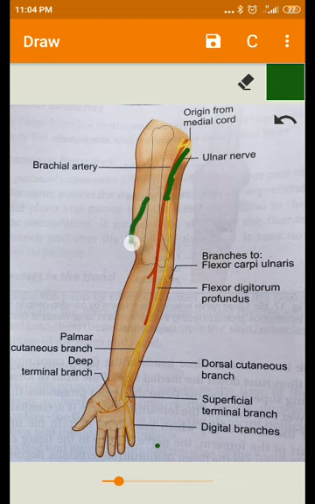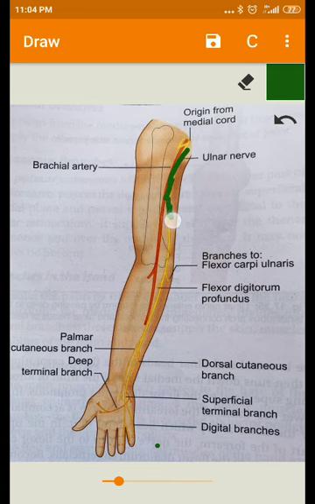Normally we have the lateral intermuscular septum and the medial intermuscular septum. At the middle of the arm, the ulnar nerve pierces the medial intermuscular septum and comes to the posterior aspect.